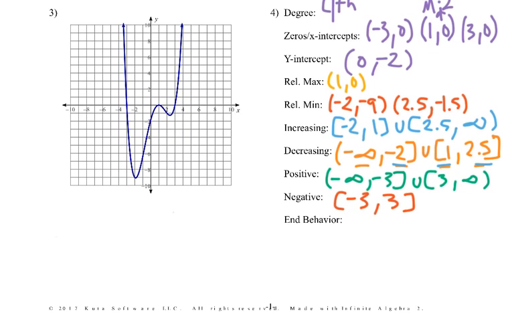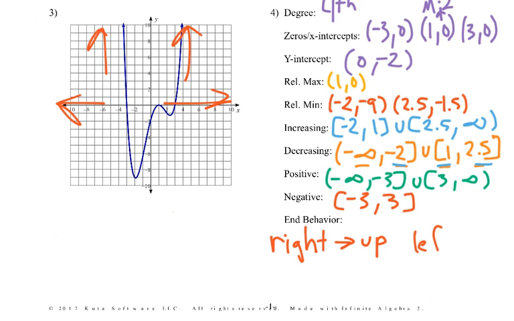Now, if you can't quite figure that out, at first all you need to do is something like this, and say as my graph goes to the right, it goes up. As we go to the right, it's going up. As I go to the left, it's going up. For this first little bit, if that's how you write it, that's all right.